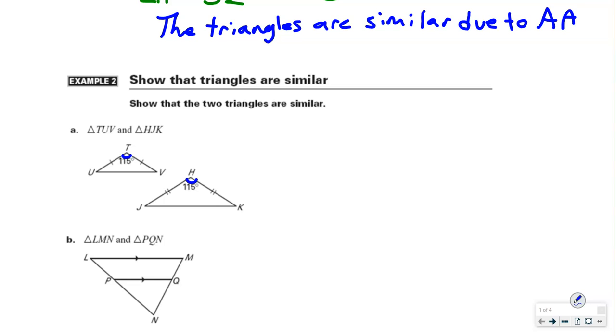That means they're isosceles triangles. Even though TU looks shorter than HJ, we still know that TUV is an isosceles triangle, meaning two sides are the same.